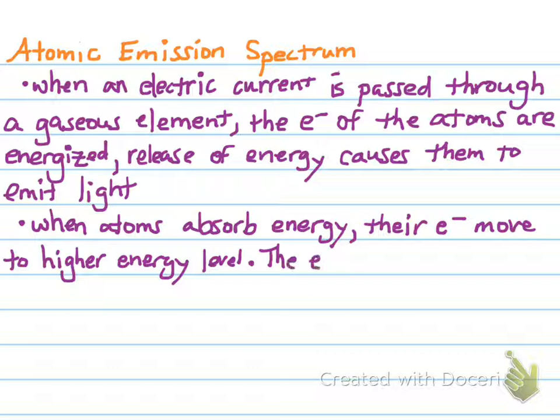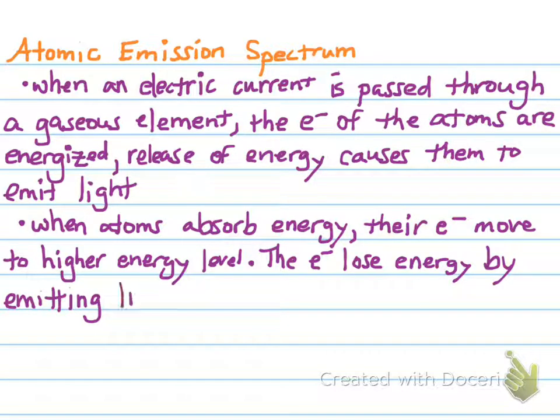The electrons lose that energy by emitting or giving off light when they return to lower energy levels.